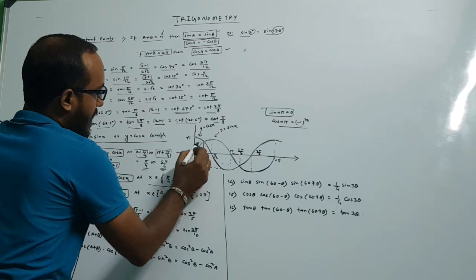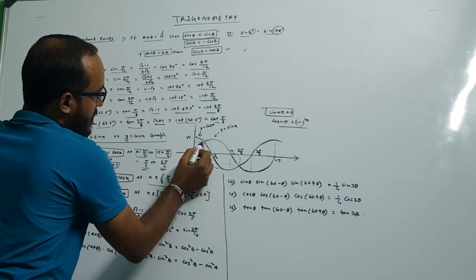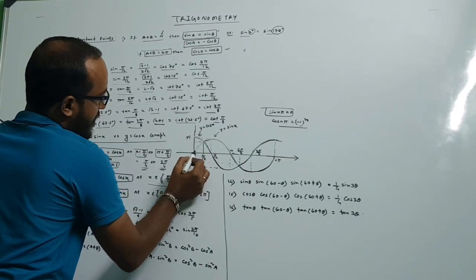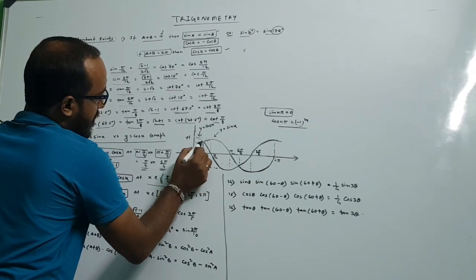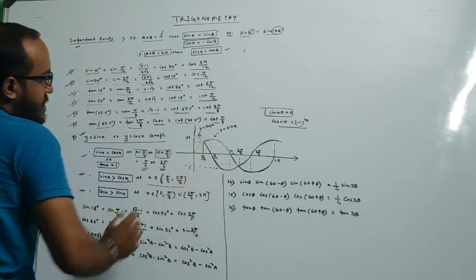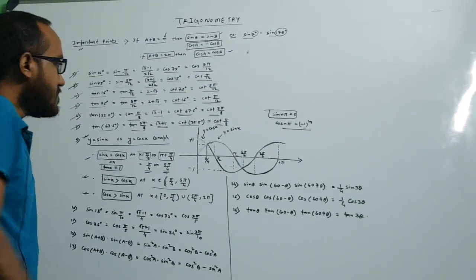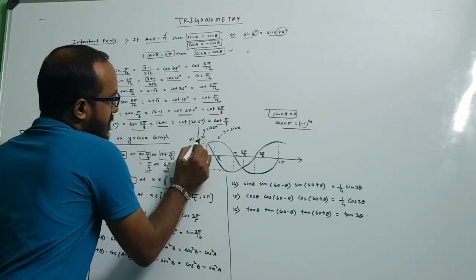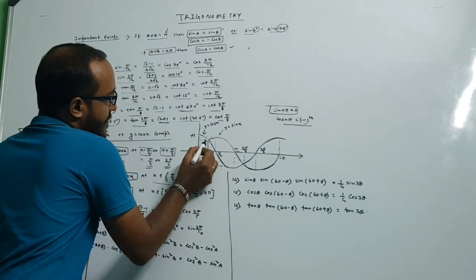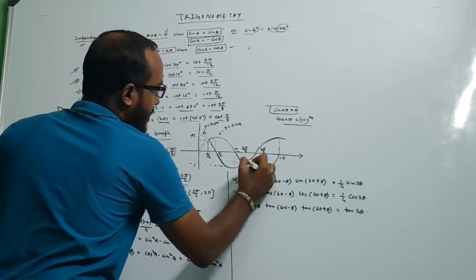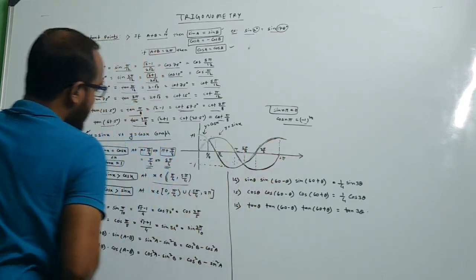And from 0 to pi by 4, you can see the cos x curve is greater than sin x, and from here to here cos x curve is greater than sin x.